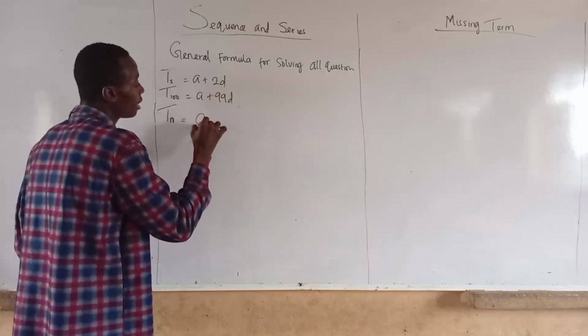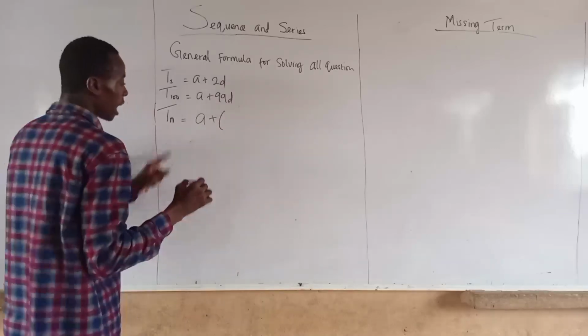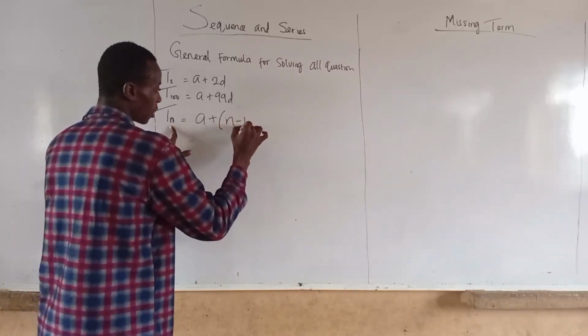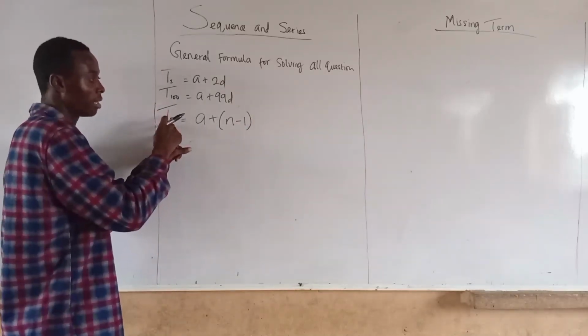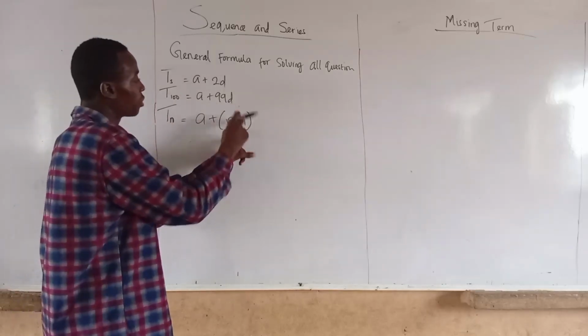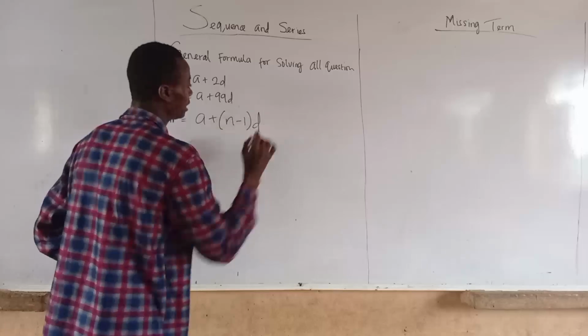So we have n here, so we can have open bracket n minus 1 here. If this one is 100, then 100 minus 1 gives us 99, right? So remember the D.